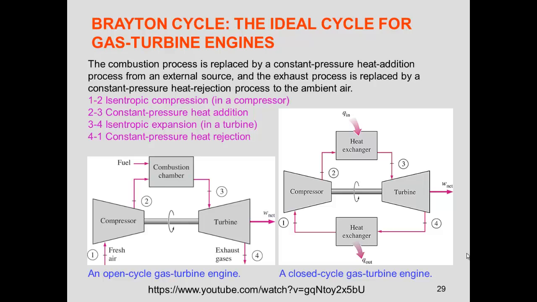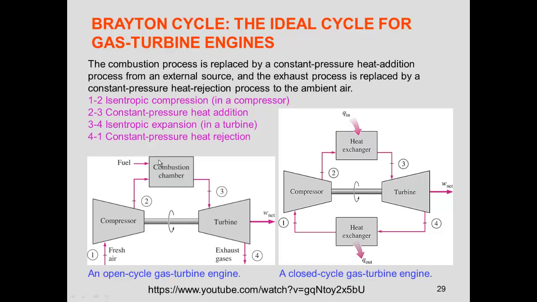Let's start by saying that this cycle is an open cycle. Usually we have fresh air from the atmosphere drawn to the compressor. You increase its pressure and then you mix it in a combustion chamber with fuel.